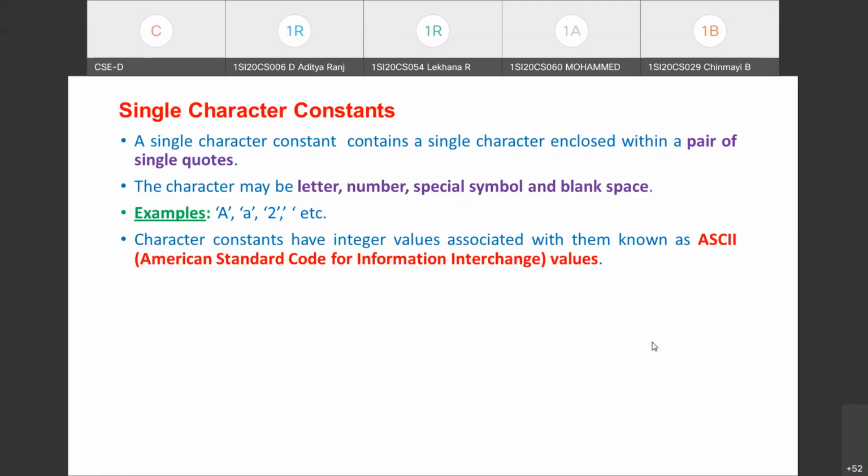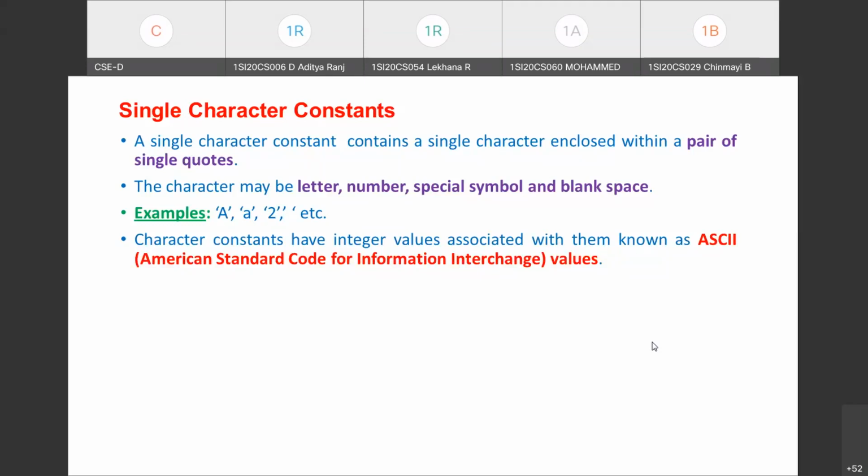The format specifier you use to print an integer value is %d. So just use the format specifier %d and represent the character whose ASCII value you want to know within a pair of single quotes. Then the ASCII value gets printed onto the screen. This is how you can find the ASCII value associated with any character.